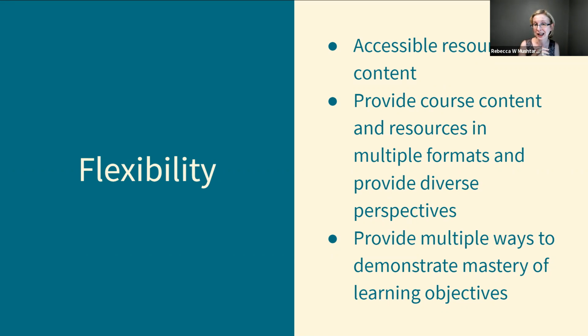And then finally, another way to be really flexible, and students like having agency, it motivates them, is providing multiple ways for students to demonstrate mastery of learning objectives. So maybe that means doing an essay, or allowing them to do a podcast instead of a traditional research paper, but offering options can be important. Obviously, I teach in an area where the medium is sometimes important, right?